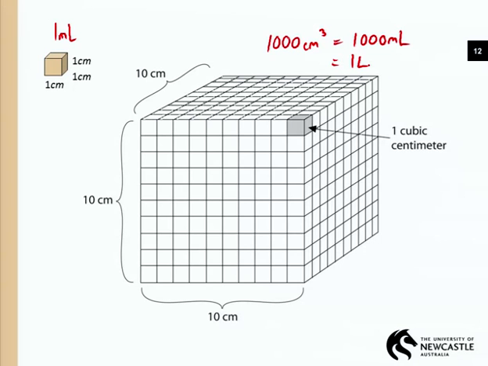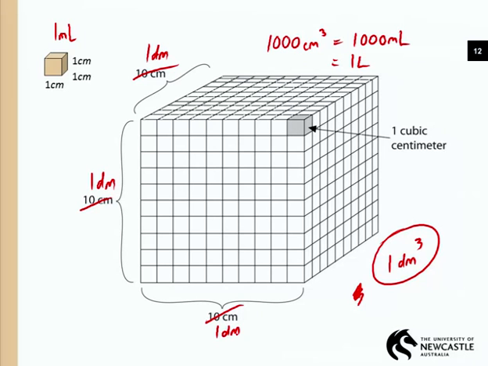So there's a litre. This actually is called, actually, not essential. That's called 1 decimetre cubed, okay? Because a decimetre is 1/10 of a metre. In other words, 10 centimetres is 1/10 of a metre. That's 1 decimetre. Not on any of our rulers, but this picture is the same as 1 decimetre.